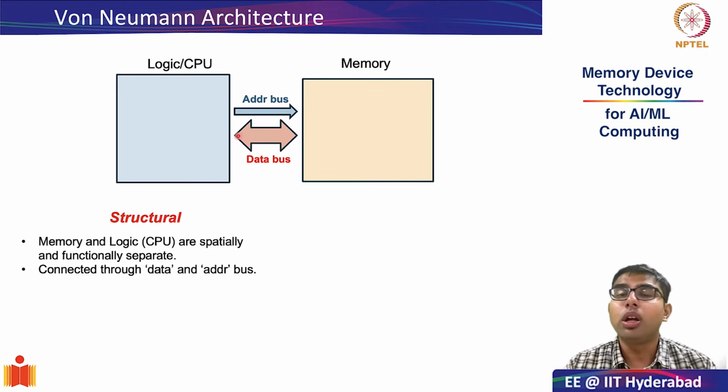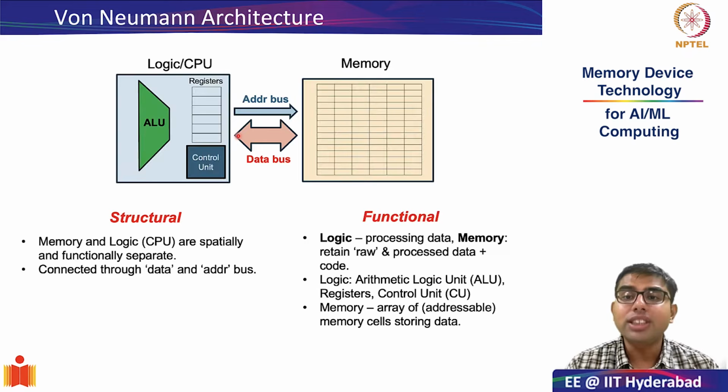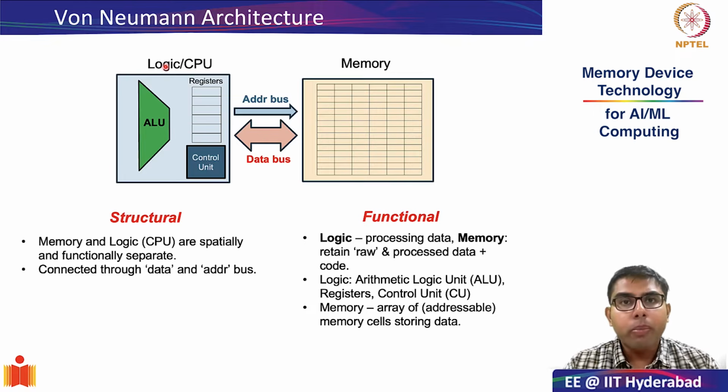Once we have understood how the von Neumann architecture is structured, let's look at the functionality. As you may already be aware, the job of the logic element is to take in raw data, process the raw data based on certain instructions, and give out the processed data.